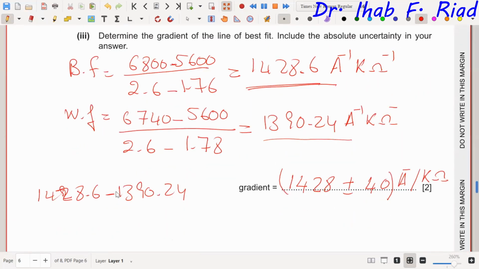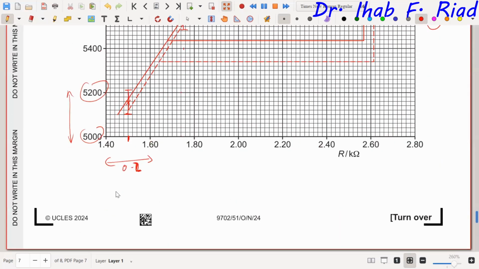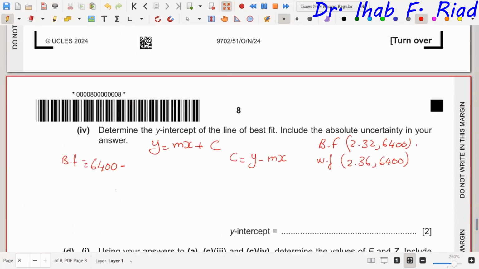The gradient of the best fit is 1428, actually 1429 if we round it up. Multiply by 2.32. Okay? I got 3028.